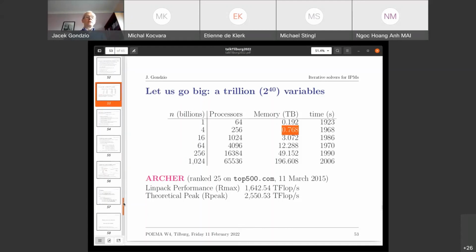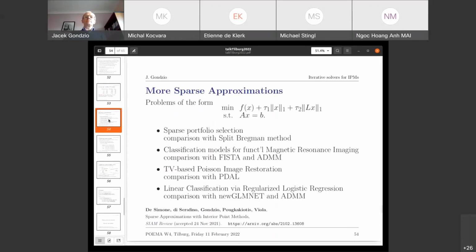In my last few slides, I would like to tell you about different sparse approximations that have been developed over the last, say, 3-5 years. And for all these problems, there have been very specialized first-order methods designed.